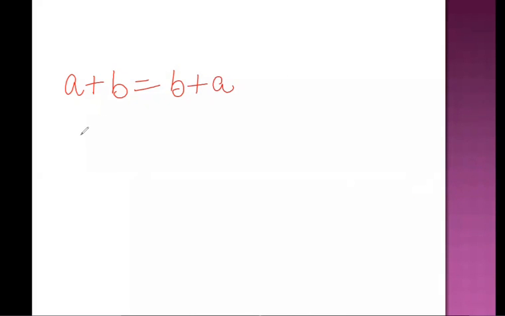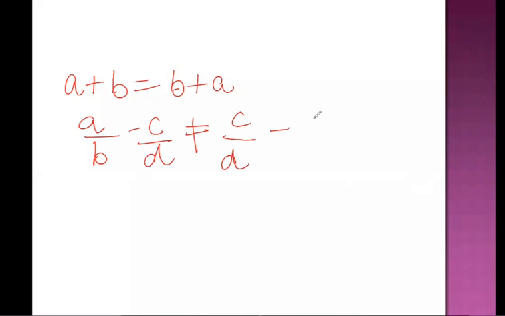But it is not applicable in case of subtraction and division. The answer is different for subtraction as well as for division. A by B minus C by D will not give you the same answer as C by D minus A by B. The result would be different.